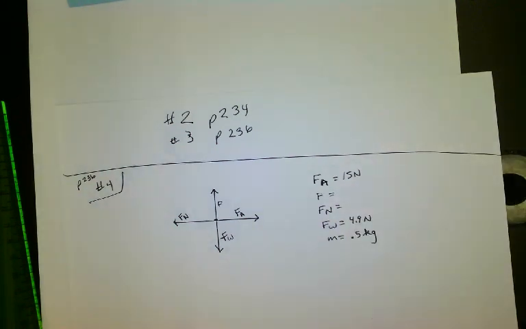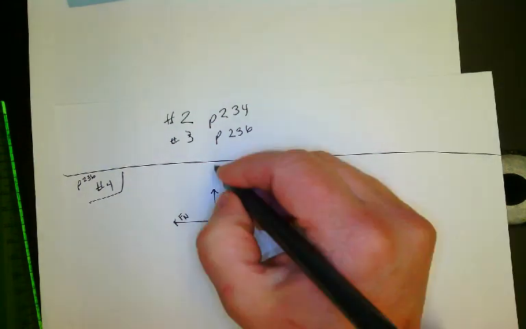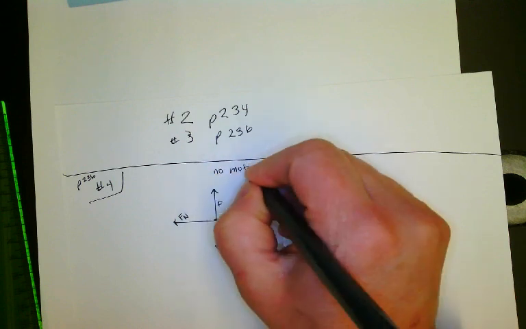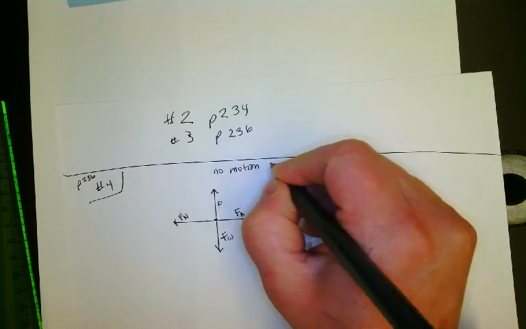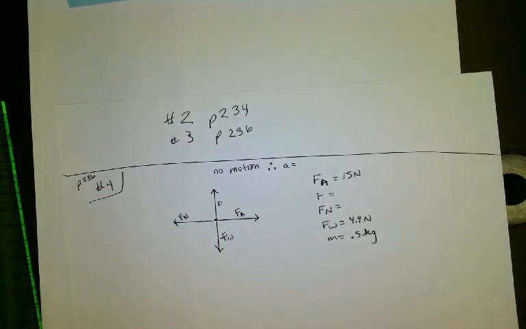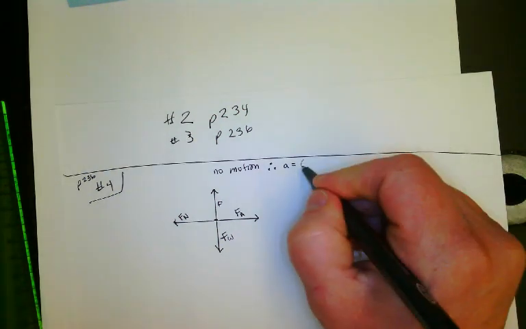And it says that the book is not moving. So there's no motion. So if there's no motion, then therefore, what can we say about the acceleration? What is that equal to? What's our physics for the day? Zero.